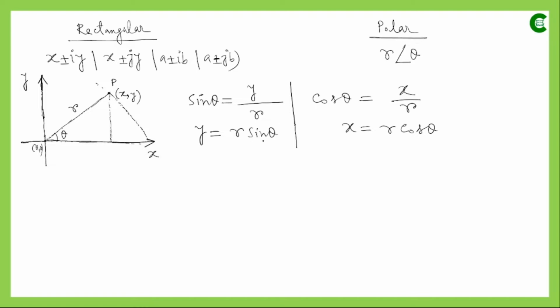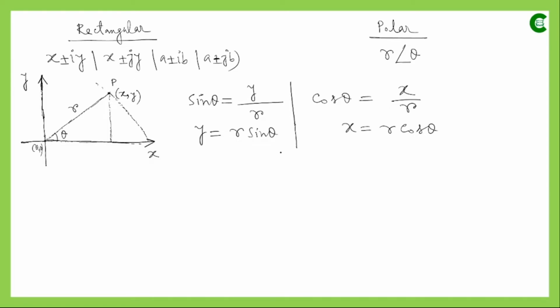And here r and theta, when we have moved angularly, r is the distance between the origin and that point, and theta is the angle made with the positive real axis. So this way we can build the relationship between rectangular format and polar format.